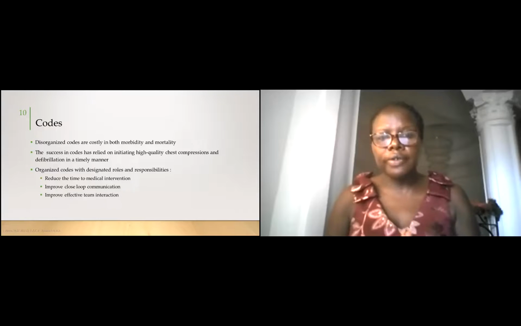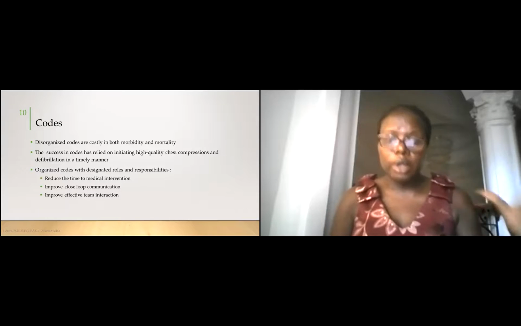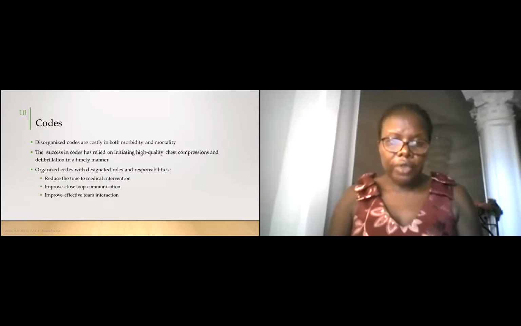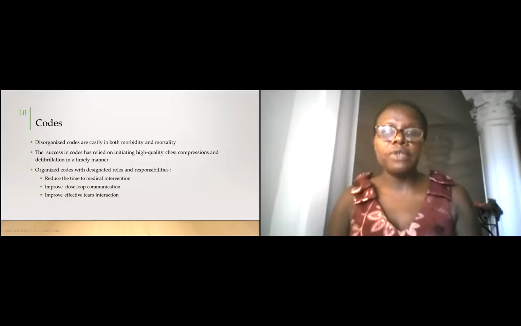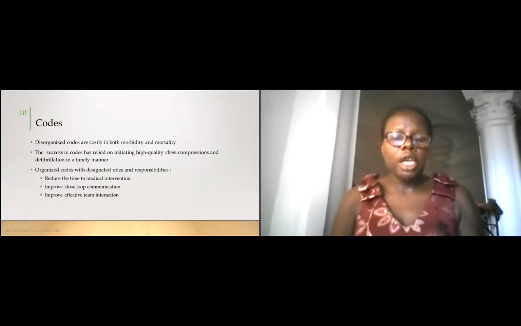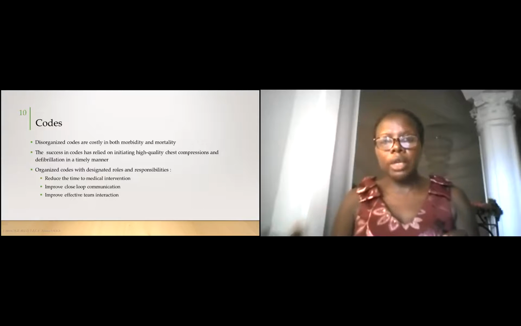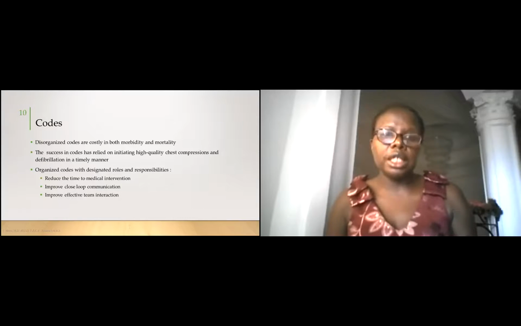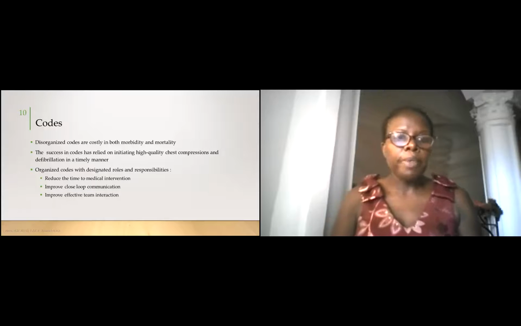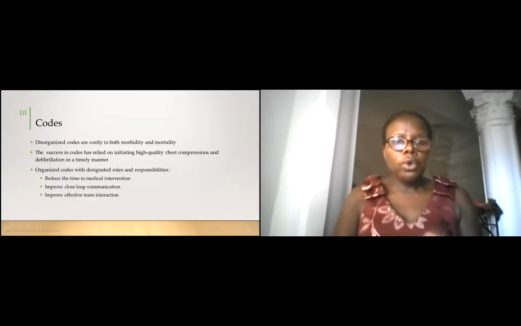The time to medical intervention is defined as the time from when a code is called to when the patient receives the first medication or the first defibrillation. So that time is much reduced once the code is organized. And again, this time has been clearly shown to correlate with morbidity and mortality in patients who go into cardiac arrest.